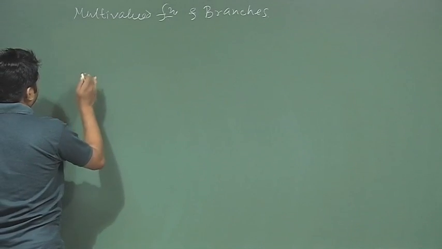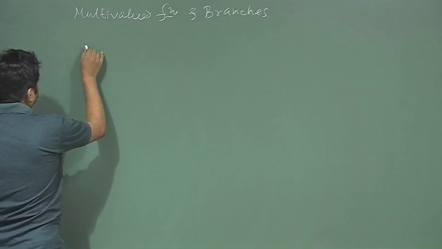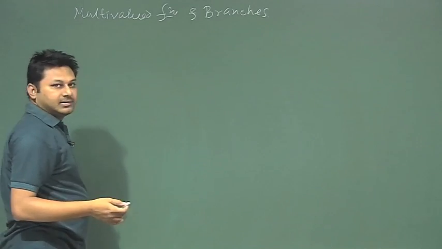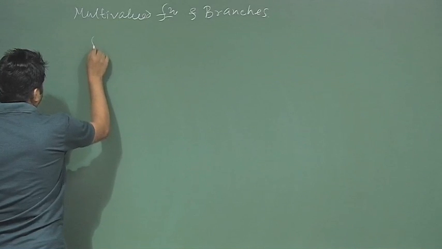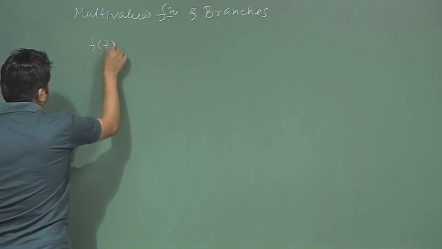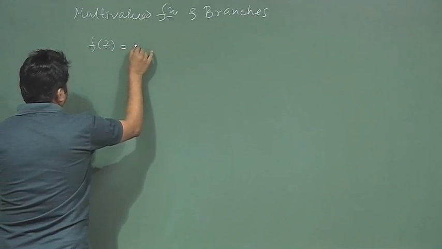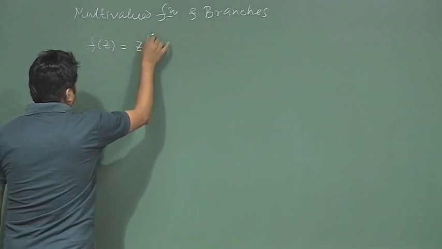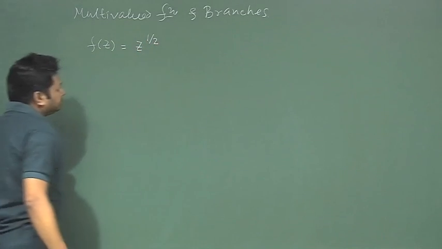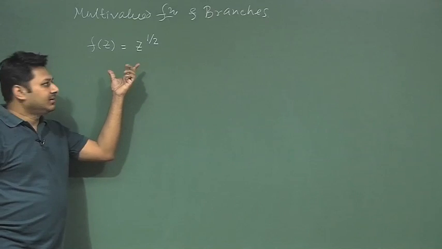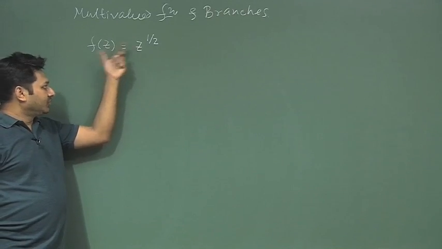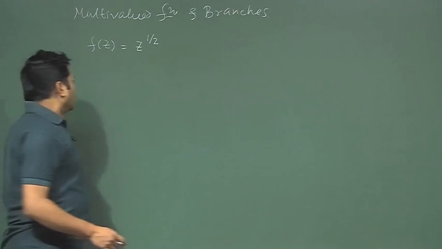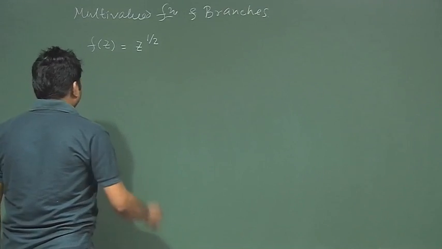The concept of multivalued function in complex analysis is important, because for example, if I have one function z to the power half, we know that this is a multivalued function. In the previous class we did a few things related to this function, but let us go back and try to understand more.